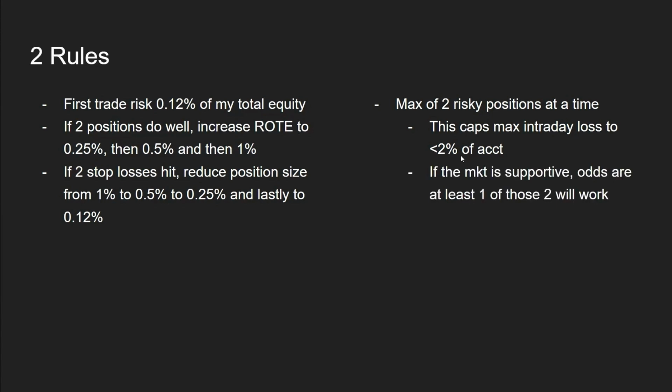Now, the other reason why we only have 2 risky positions at a time is if the market is really doing well and you've gotten into 2 breakouts, the odds are at least one of them will work out. If both of them are going to stop you out, then the market is probably not that good. You don't have to pile into 10 breakouts to find out if breakouts are working. 2 breakouts are going to give you enough information on whether the market is constructive and you can start to take more long positions or not.